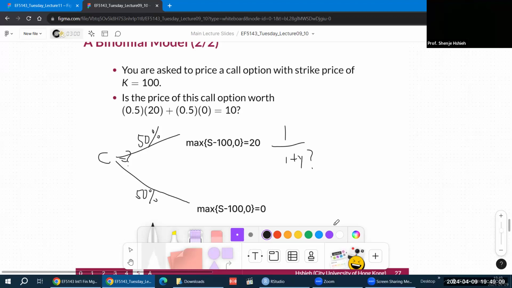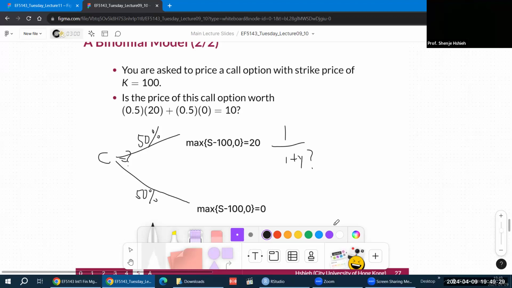So what we can do now is try to replicate this payoff using a portfolio of assets. I hope you learned this last semester: if you can find a replicating portfolio, that means we've identified state contingent discount rates, risk neutral probabilities.